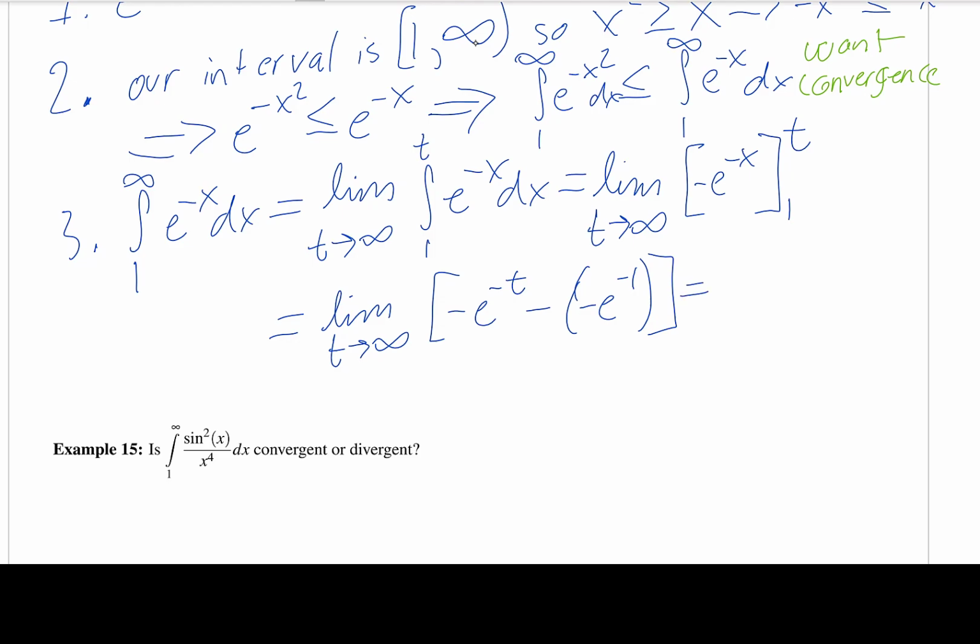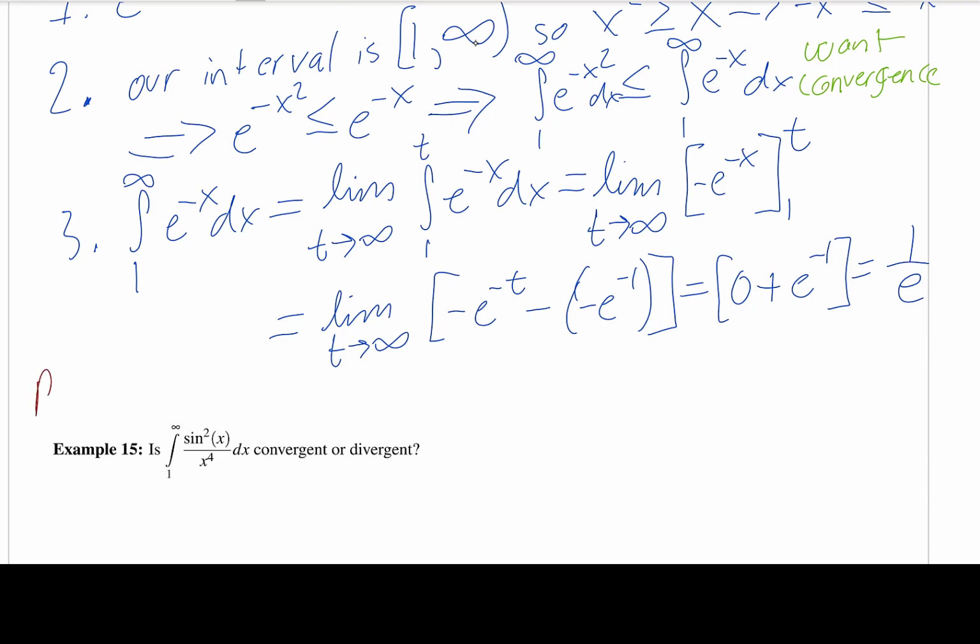So this becomes negative e to the negative infinity. Well, e to the negative infinity is 0, so this is just 0 minus negative e to the negative 1. So this is plus e to the negative 1, which equals 1 over e. And so we got convergence.